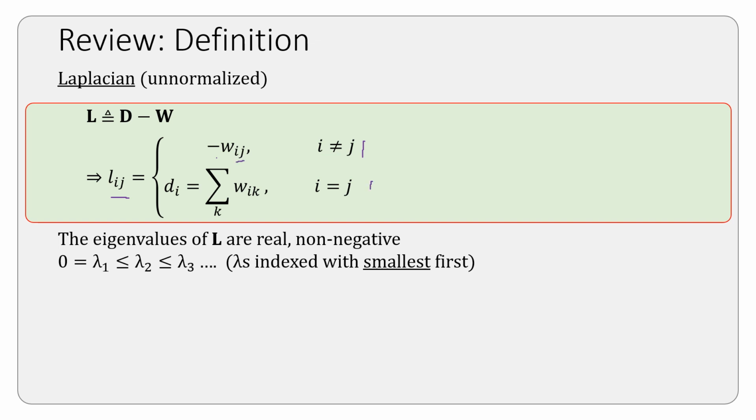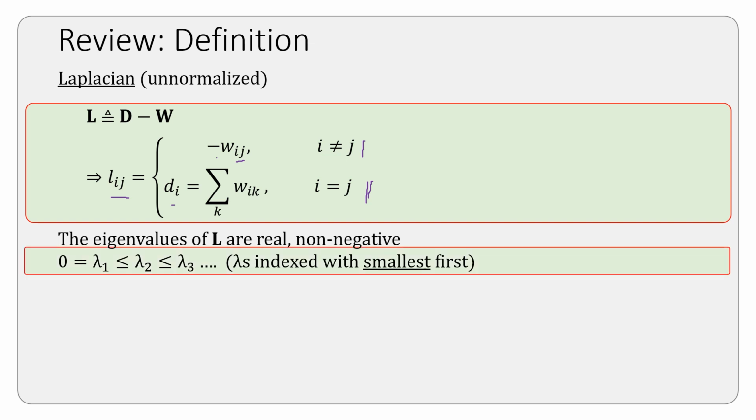And when i equals j, that is a diagonal element, then it's equal to di, the degree of vertex i. The eigenvalues of L, it turns out, are real and non-negative. The eigenvalues are sorted in ascending order, and the smallest eigenvalue is 0. Lambda 1 equals 0.